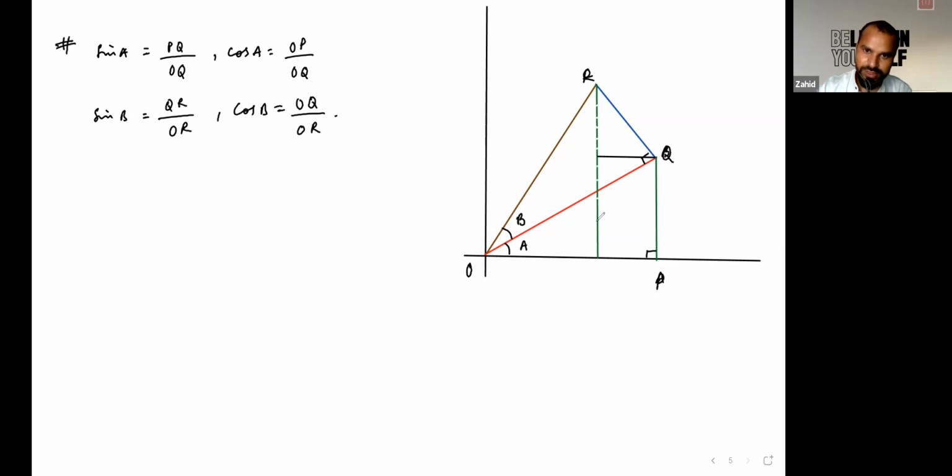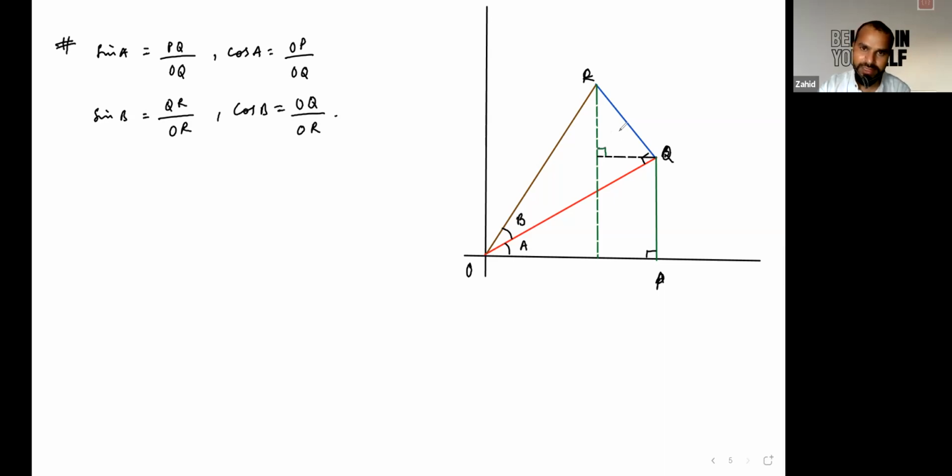This is just construction. Okay, so we have this as B. So this whole would be 90 minus B. Similarly, here it has 90 degrees.